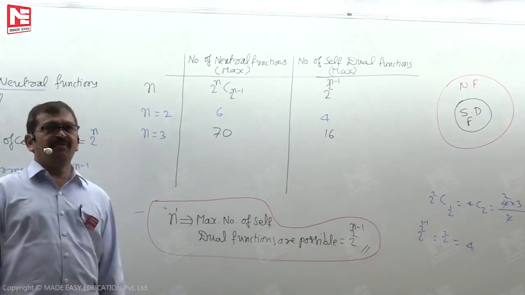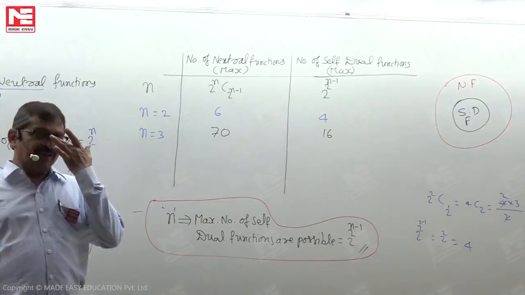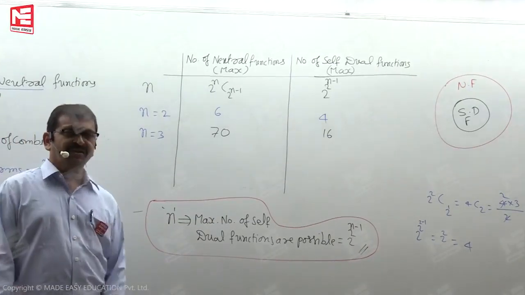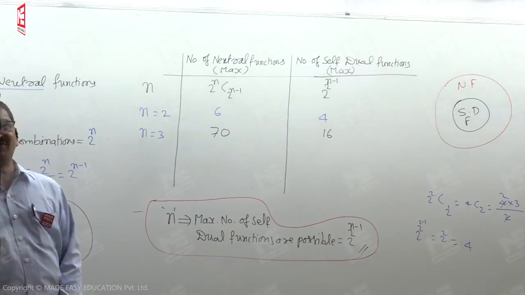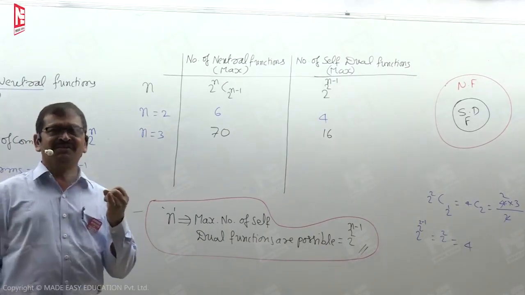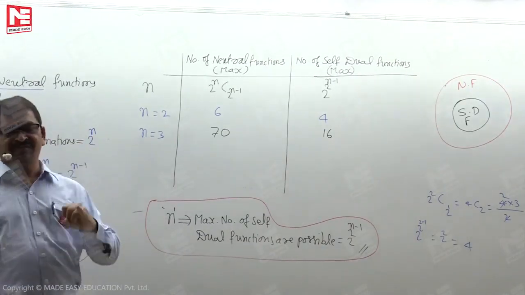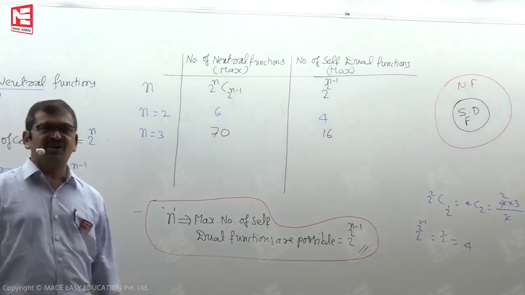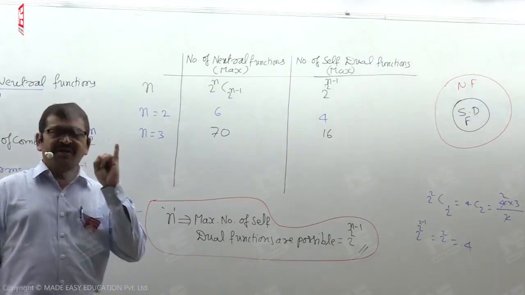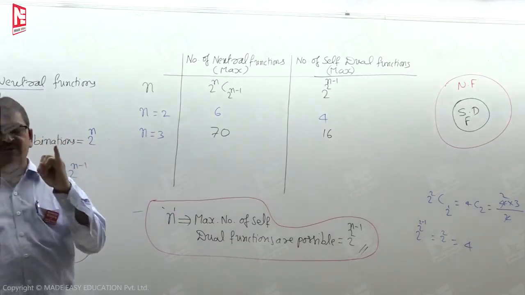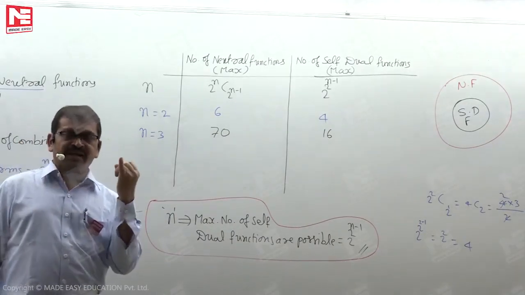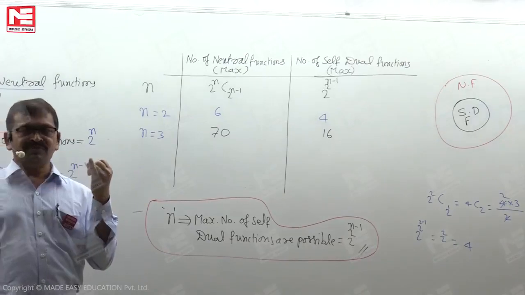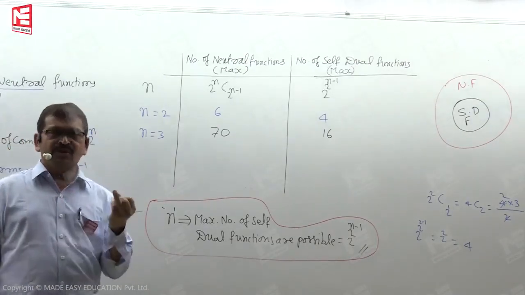To check a given Boolean function, most of the time our concern is on the self-dual function. To check whether the given Boolean function is a self-dual function or not, first check whether it is a neutral function. If the condition fails, then we are not bothering about anything. That function is guaranteed not to be a self-dual function. If the first check is true, it is a neutral function, then we look at the second condition.